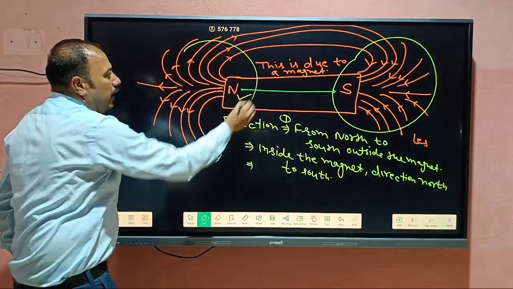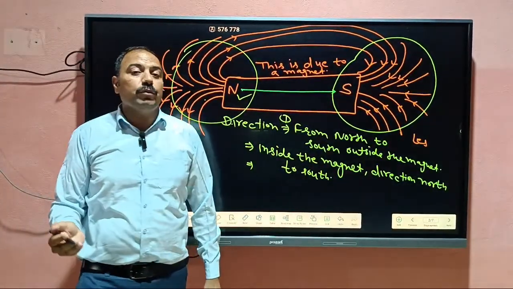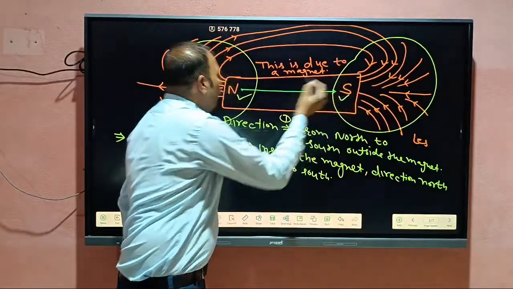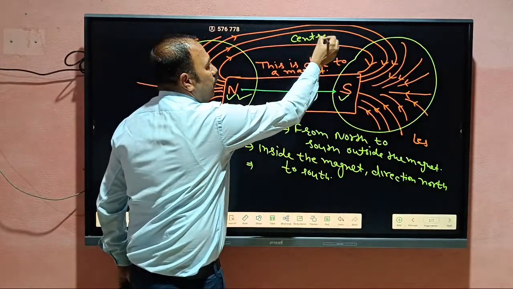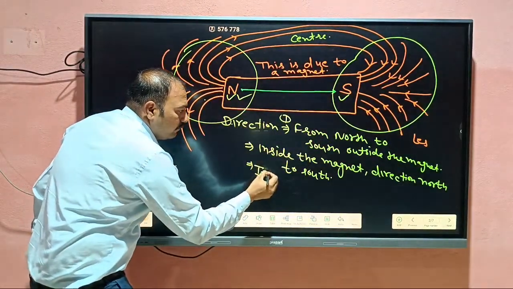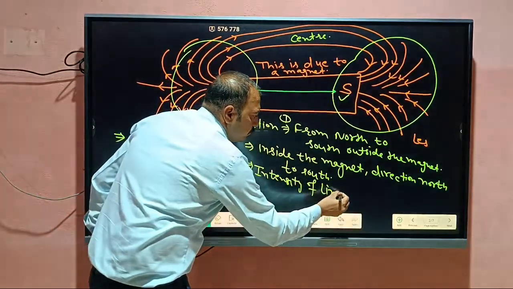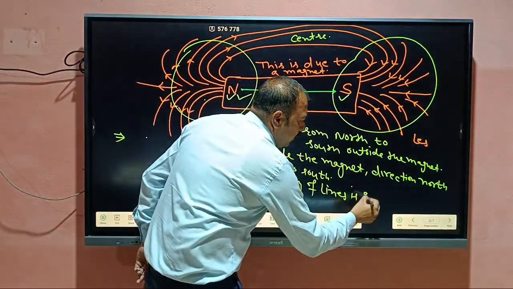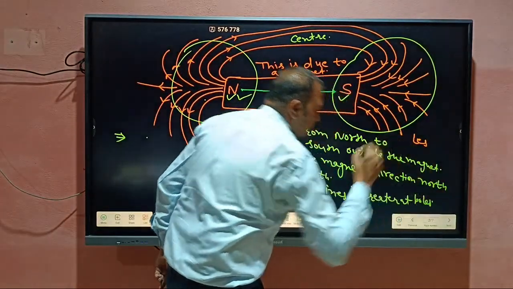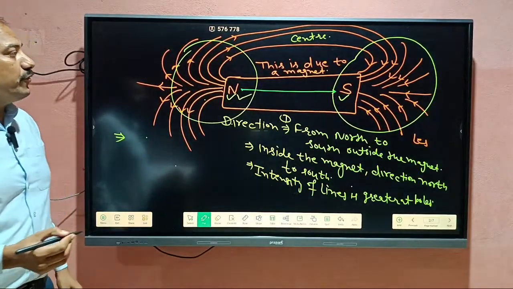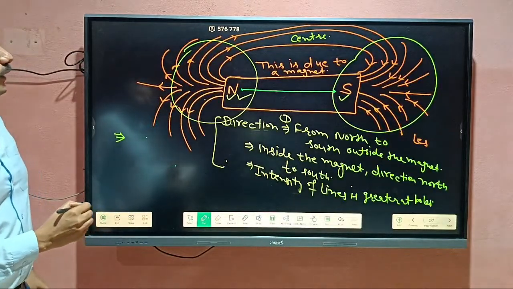So at the ends or poles, these are more crowded, or we can say that the intensity of the magnetic field is high at the south pole and north pole as compared to the center. So the intensity of lines is greater at poles. So these are the important points.